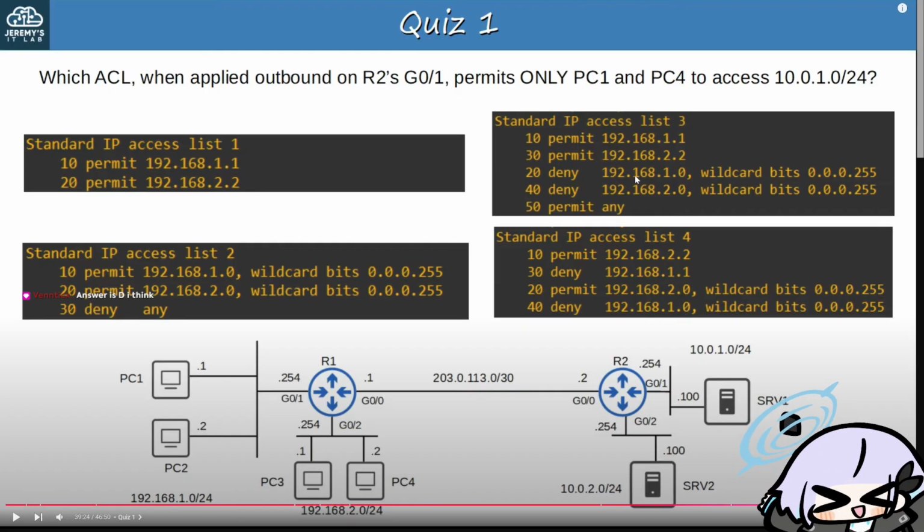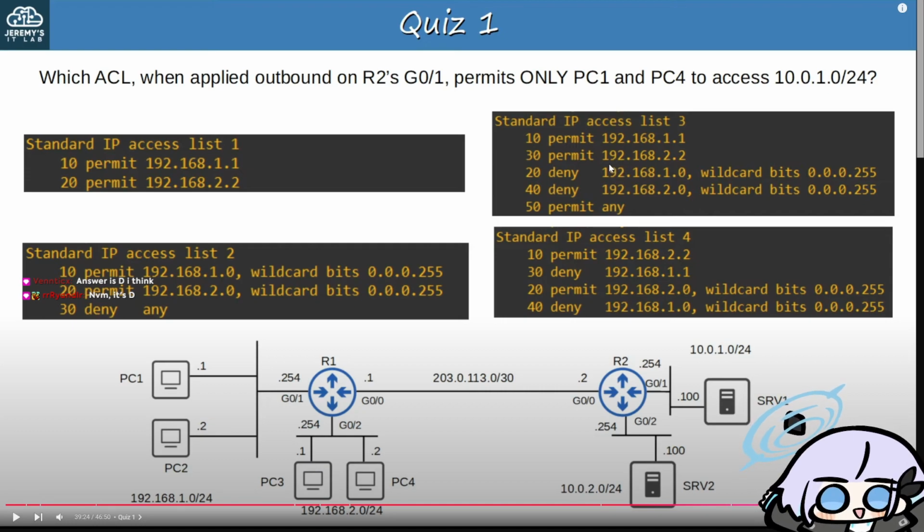So yes, it permits both IPs, it denies the rest of the network, and it permits any. This was supposed to be right, but there's a problem. It permits any other IP addresses outside of these two networks. We're supposed to permit only PC1 and PC4's IP address, so exclusively 1.1 and 2.2.